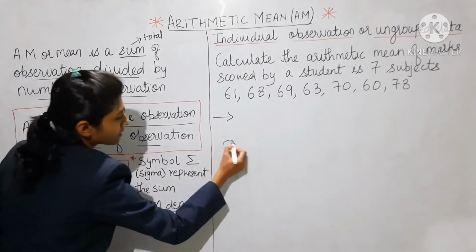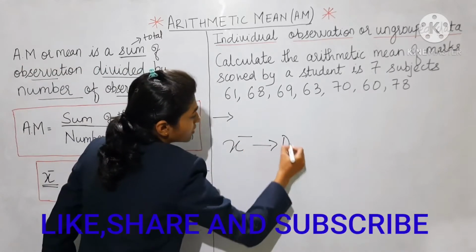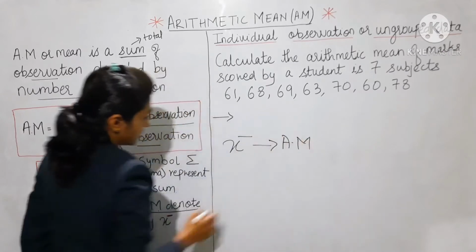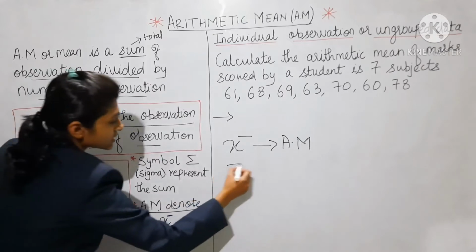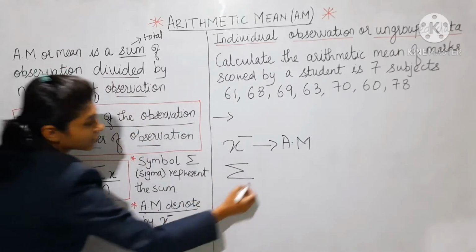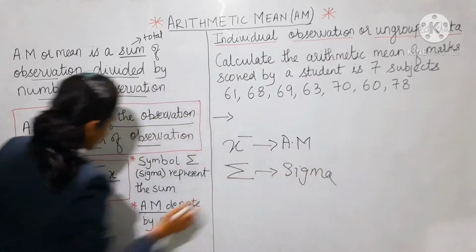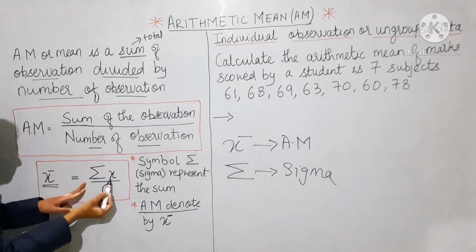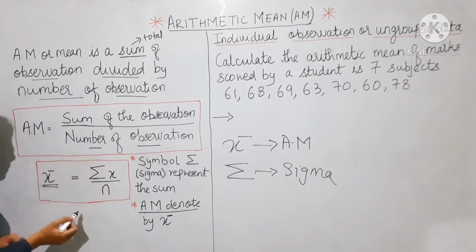So x bar, arithmetic mean, is equal to sigma x divided by n. This sign is sigma. N is the number of observation.